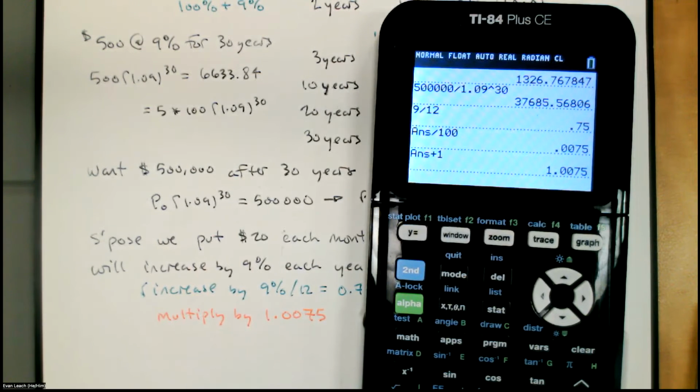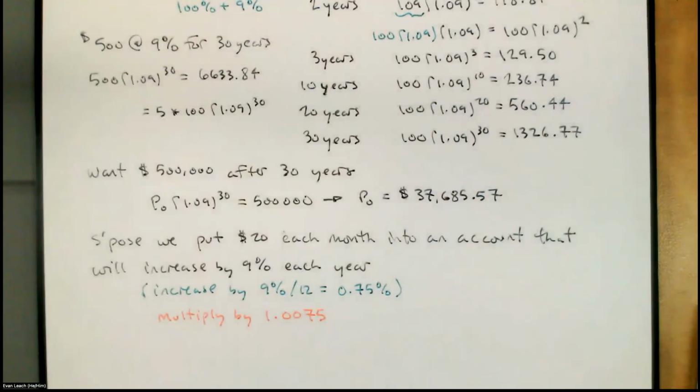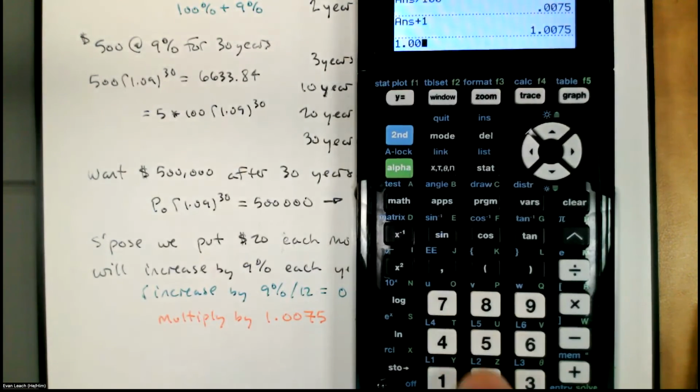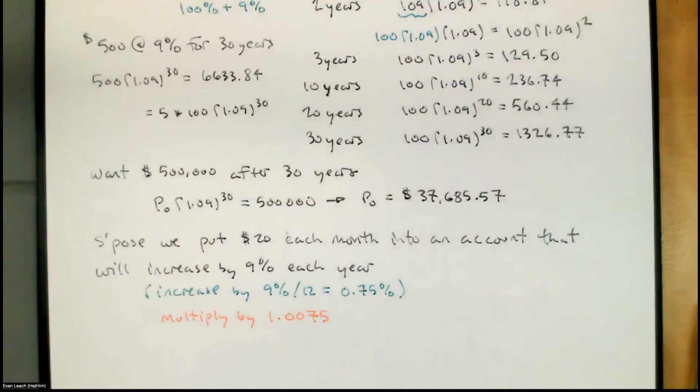We're going to multiply by 1.0075 each month. This works out to a little bit more than 9%. So we would have to adjust things, probably with some continuous scale, because if we take 1.0075 and do this 12 times, we're actually increasing by 9.38%. So it's a little bit higher, but we're just trying to get an idea about how things work.